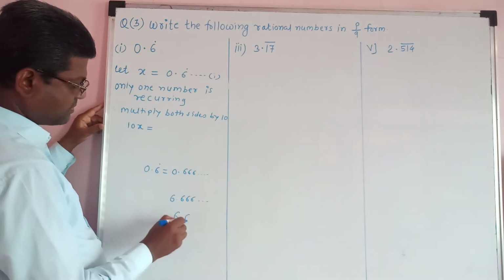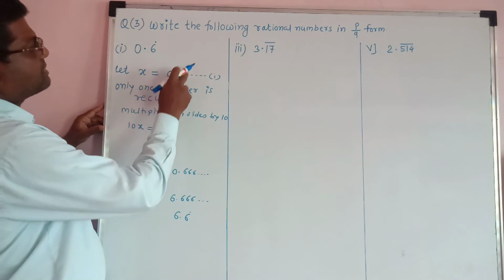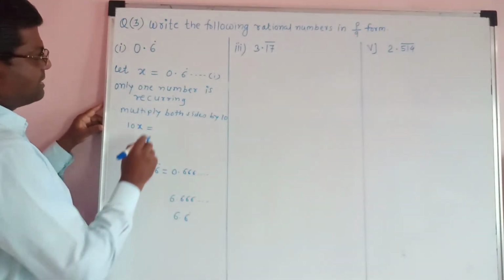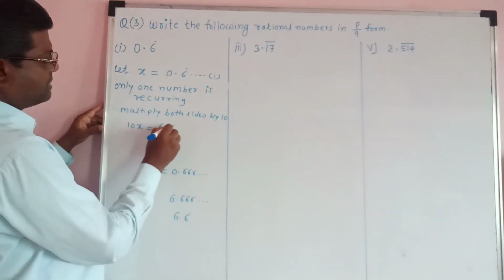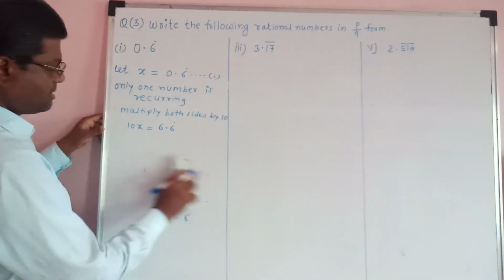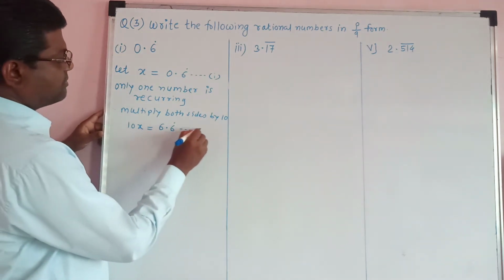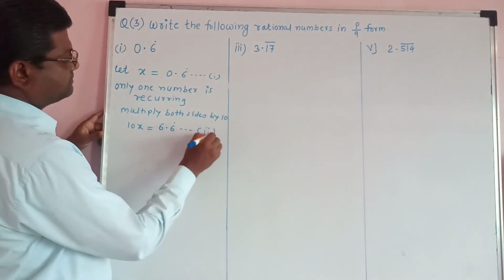That will be 6.6 dot. Therefore, 0.6 dot into 10 will be 6.6 dot here. Now this will be equation number 2.